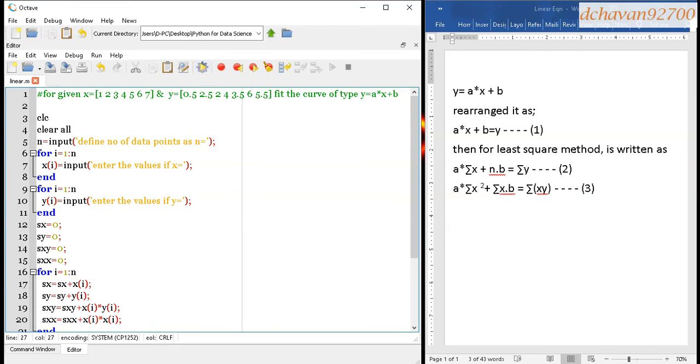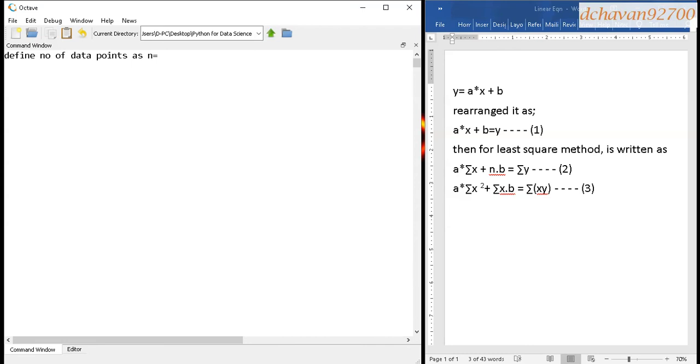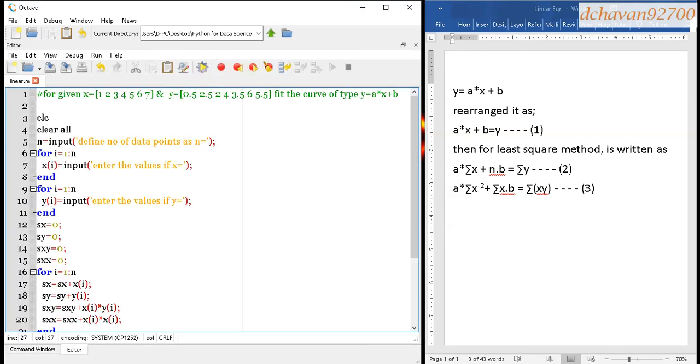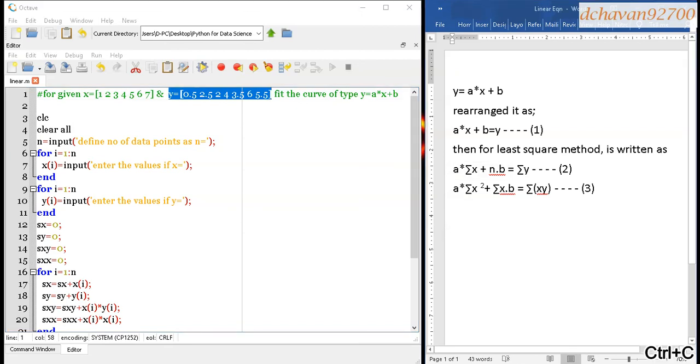Now we're going to run this program. So run this. Now it asks for the data points. So n equals to what? Number of data points equals to what? 7. So enter values of x: 1, 2, 3, 4, 5, 6 and 7. Now we have to enter the values of y. For sake of convenience, we copied it as it is and pasted it over here.